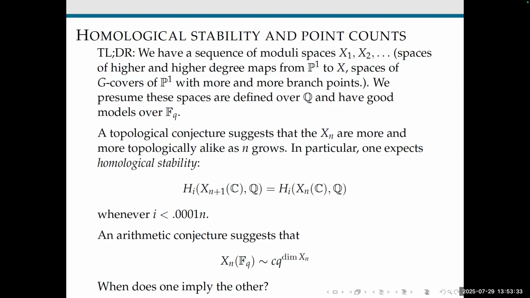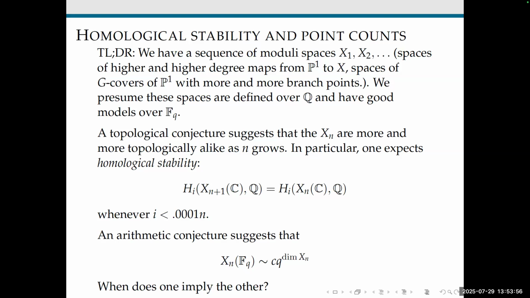On the other hand, on the arithmetic side, I'm supposed to be trying to count the number of points on these varieties. Now you might ask, is that supposed to converge to something? Well, not quite. I didn't say this on the slide, but typically these varieties will be growing in dimension.